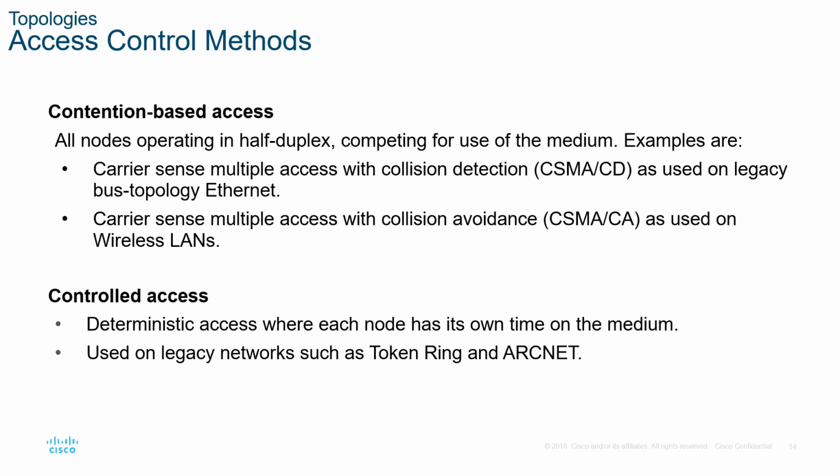If we're talking contention-based access, we have two different systems for communication. Carrier sense multiple access with collision detection, CSMA/CD. This is typically used in legacy, older switches, hubs, and the like. If we're talking wireless, carrier sense multiple access with collision avoidance, CSMA/CA, and that's used on wireless networks.